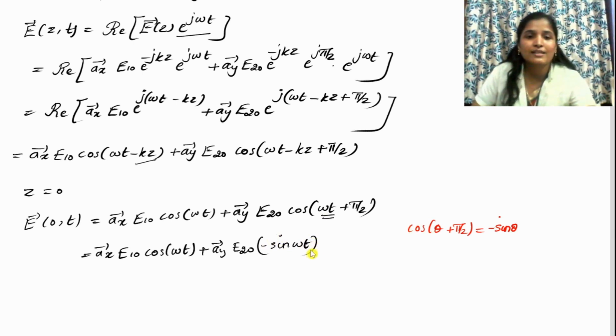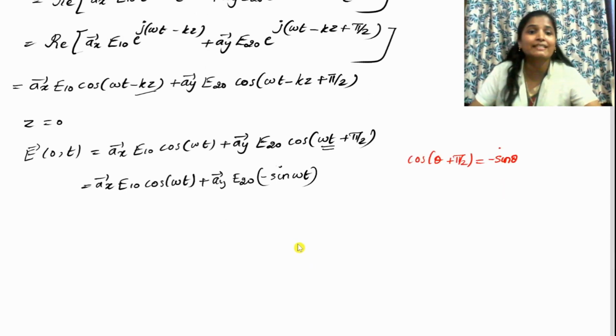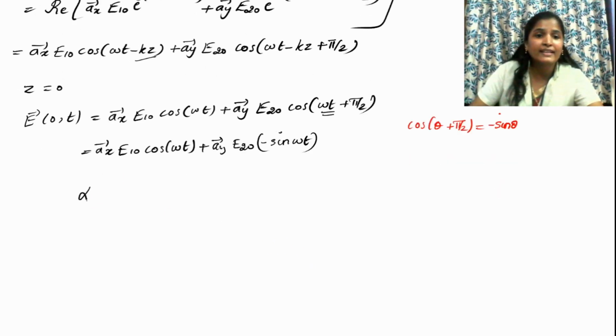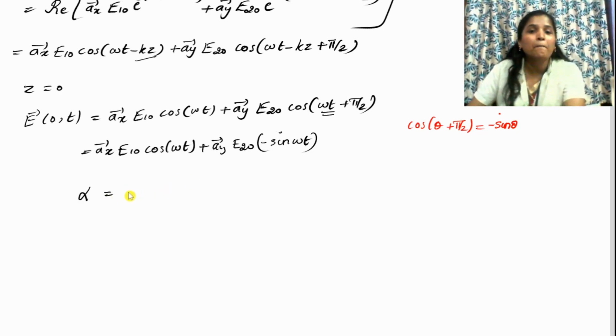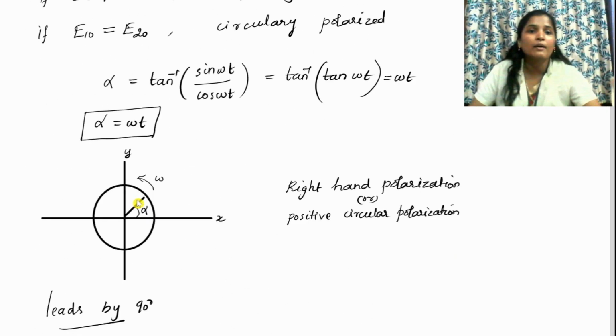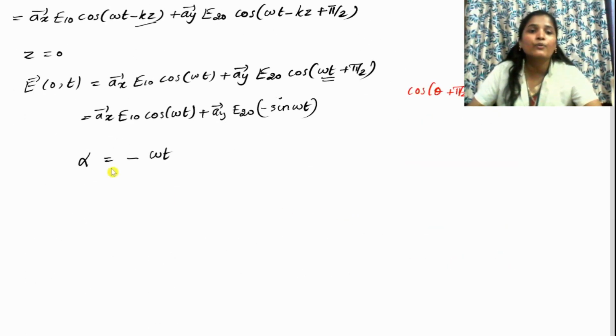So this is the instantaneous expression at z equal to 0. If we plot the same equation, we get the instantaneous angle as minus omega t. Previously we got plus omega t, and because of that we defined it as positive circular polarization, but here we get minus omega t.